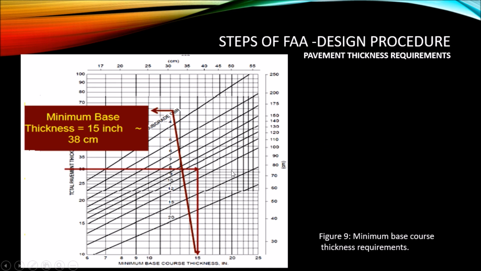Here we have our total pavement thickness, and here we have our CBR value, minimum base thickness, and here is our subgrade CBR. So remember our subgrade CBR, it is 10 from the data given to us.